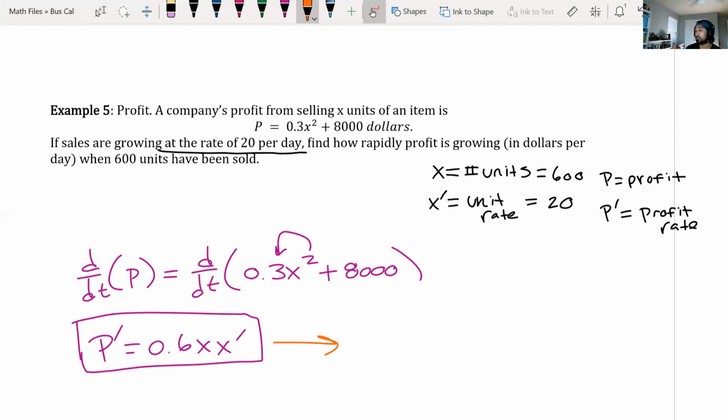And then just plug in x and plug in x prime: 0.6 times 600 times 20 is going to give us 72,000.